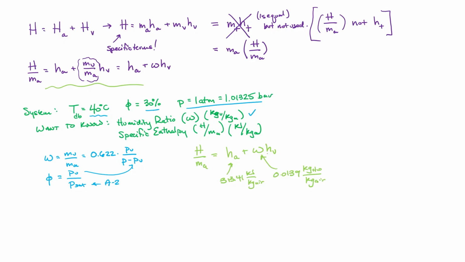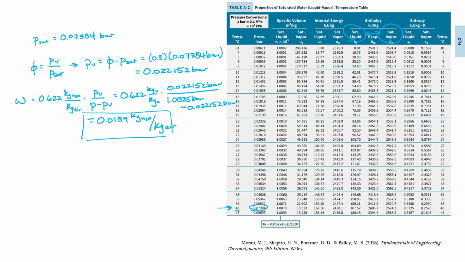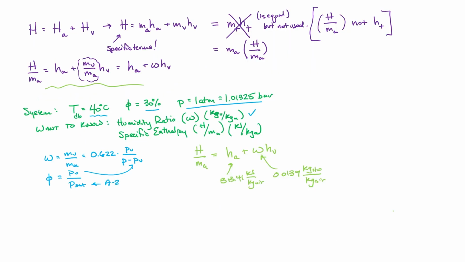And then my HV is just going to come from table A2. So HV is going to be vapor. Hg is what it's labeled in my table. 2,574.3 kilojoules per kilogram of water.